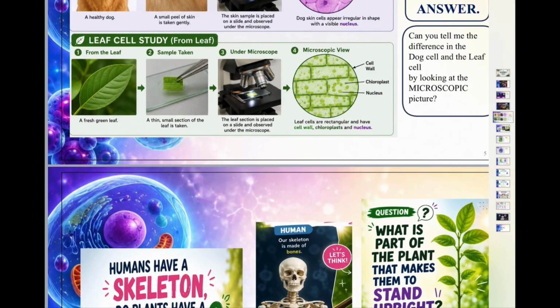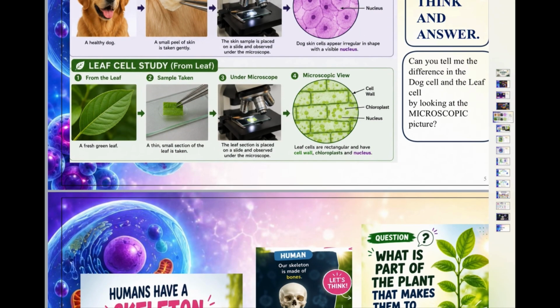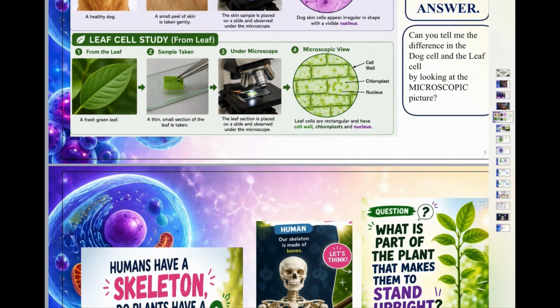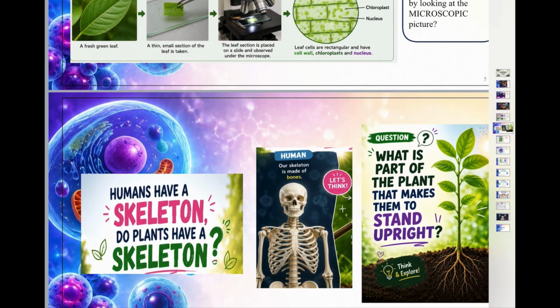Plants have this cell wall that I have shown you in this microscopic image. Okay? And as you know, this plant cell which has the cell wall, this cell wall is providing the rigid shape to the plant cells.